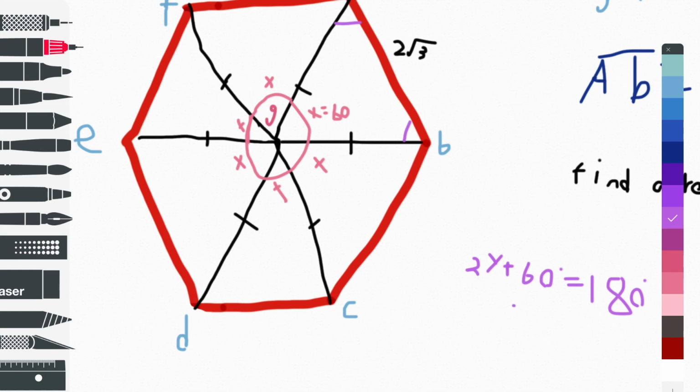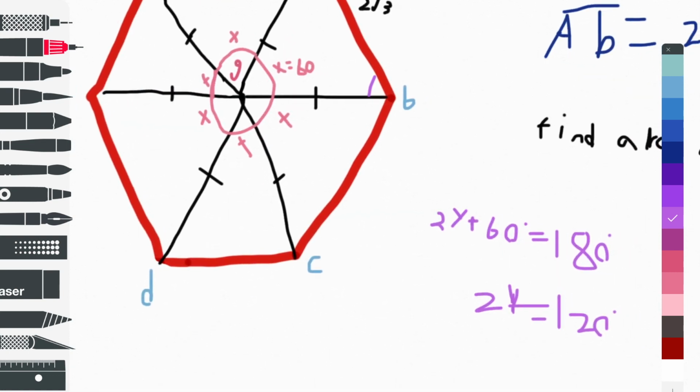So 2y plus 60 degrees is equal to 180 degrees. Subtract 60 from both sides. You get 2y is equal to 120 degrees. These two are equal, so y, divide both sides by 2, is equal to 60 degrees.